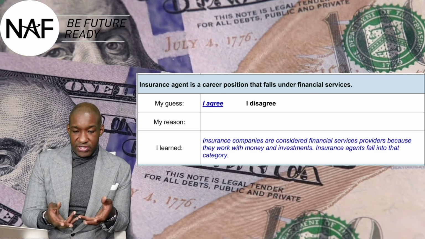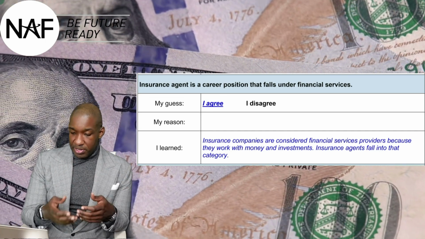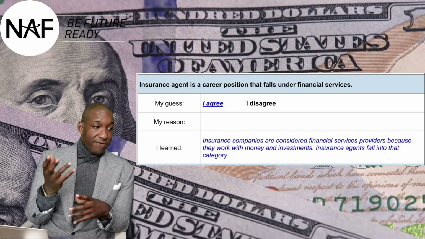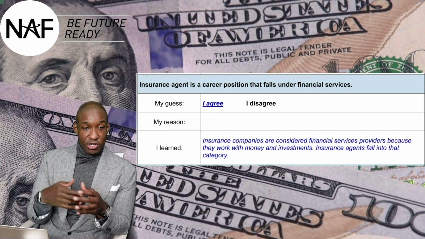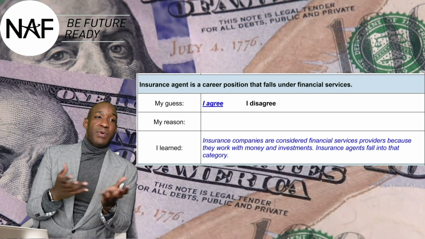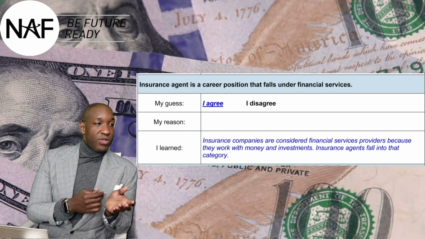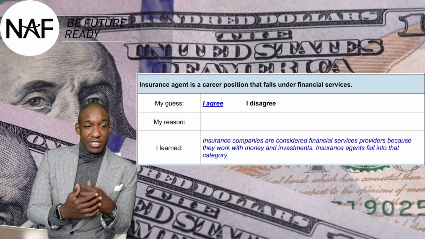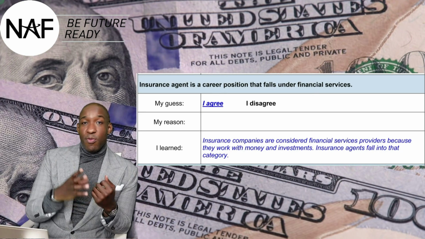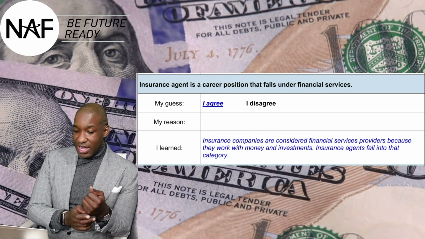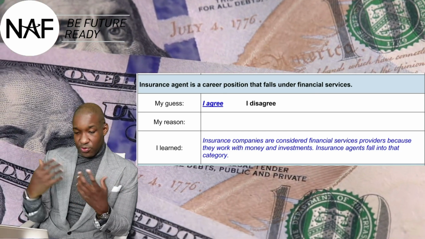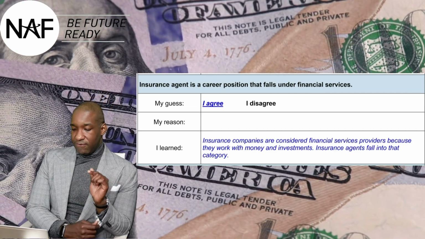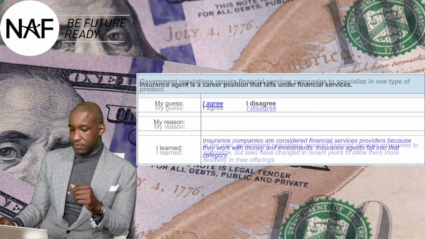It's money paid into the insurance plan, and it's also the money that the insurance company has to pay out if whatever's being insured happens, whether it's an item and it gets stolen, whether it's health and you get sick, life insurance and the person dies, homeowners insurance and a natural disaster happens. So whatever it may be, there is always a monetary transaction involved. So yes, it does fall under financial services.